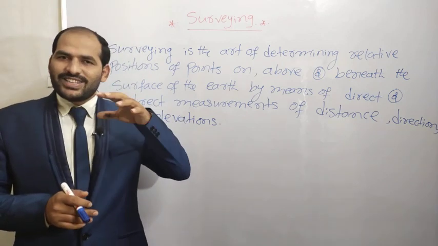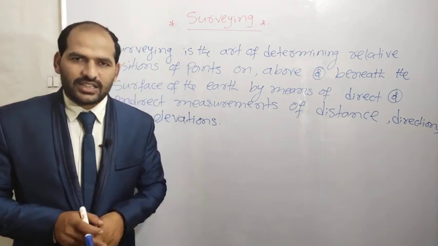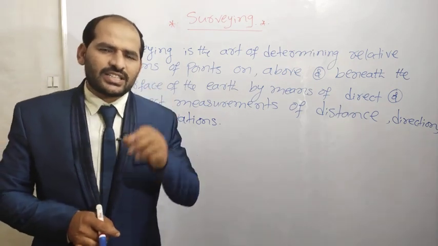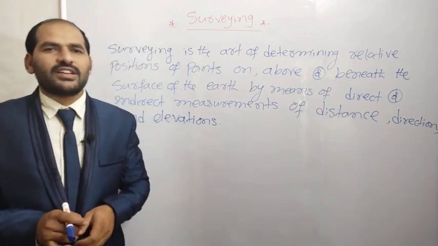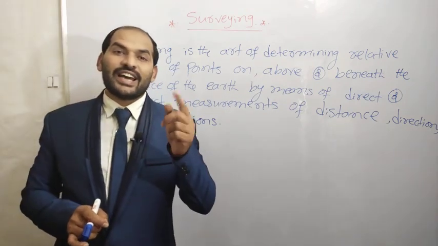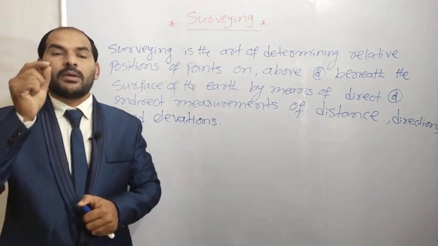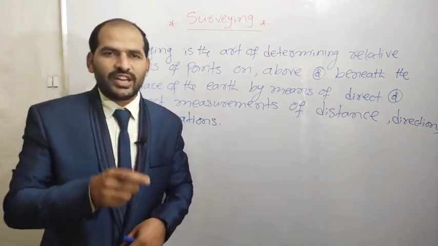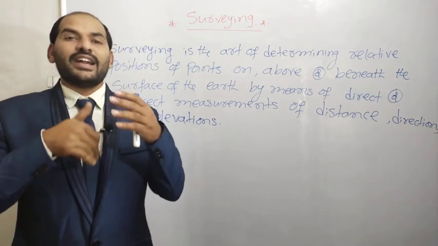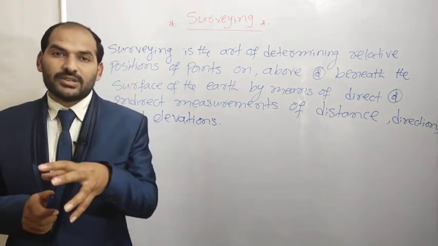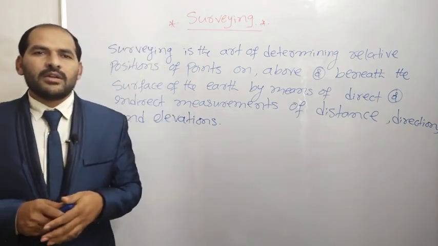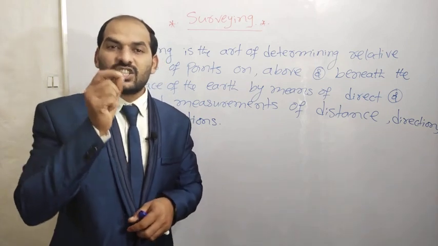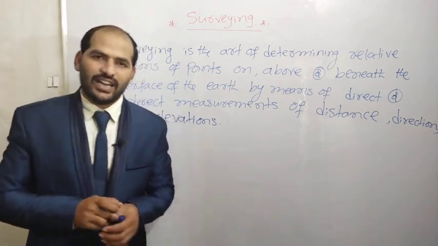If you take any measurement above or below the earth surface by direct means, that is using a measuring instrument, a chain or tape, or by indirect measurement, that is direct or indirect measurement of distance, directions and elevation.